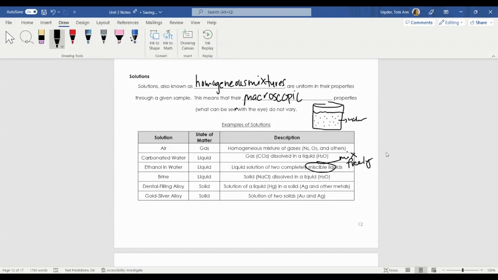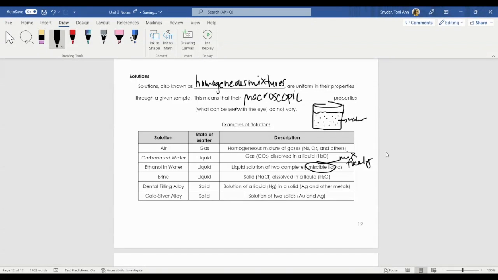When we're dealing with two liquids, we say that they are miscible in one another. Brine is another example of a liquid solution. In this case you have a solid solute dissolved in a liquid, water. A great example of brine would be what you would use to make pickles.